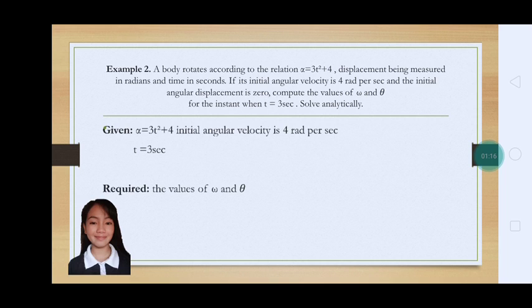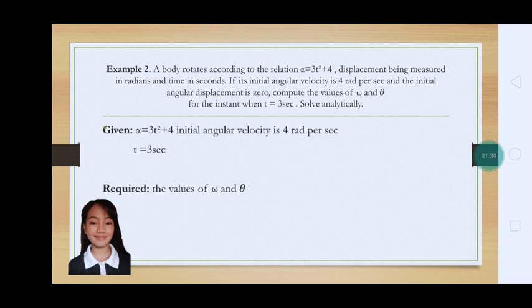So, in example number 2, a body rotates according to the relation alpha, or the angular acceleration, is equal to 3t squared plus 4. Displacement is measured in radians and time in seconds.